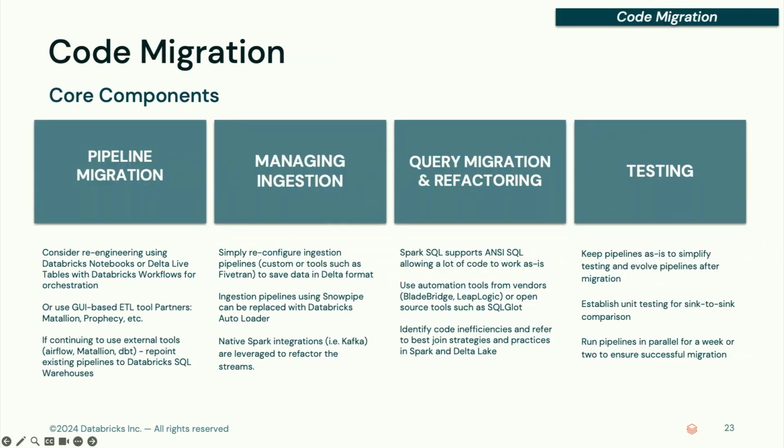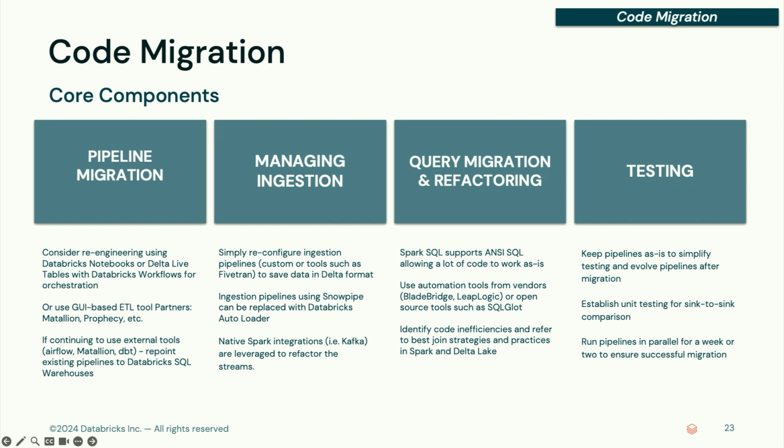Now for the code migration, which frankly is the hairier part of migration for anyone. We recommend moving to native tools as much as possible. So some of these are Autoloader, DLT, using workflows, things like that, because that allows you to get the full benefits of the Databricks platform right out of the gate.